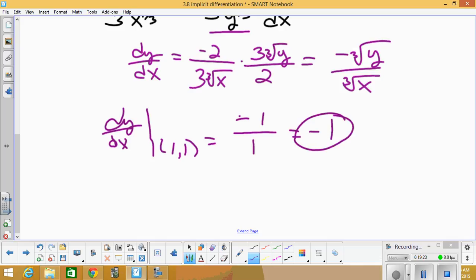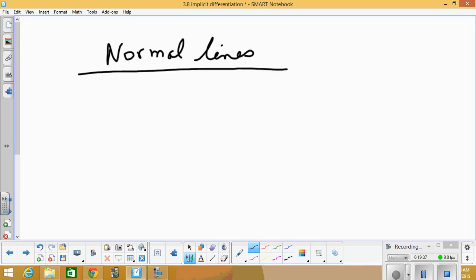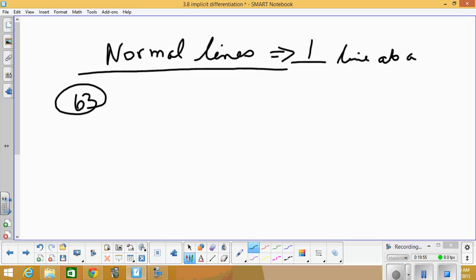The last thing I need to talk about is normal lines, which we have not talked about yet in this book. Normal lines do have an application. At this point in the book, though, for homework question number 63, remember the normal line is the perpendicular line at a tangent point.